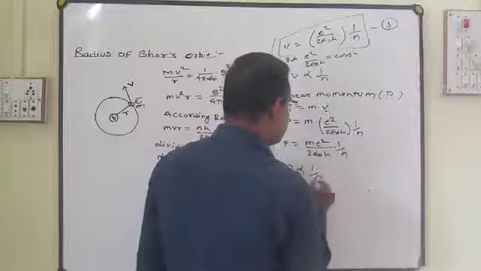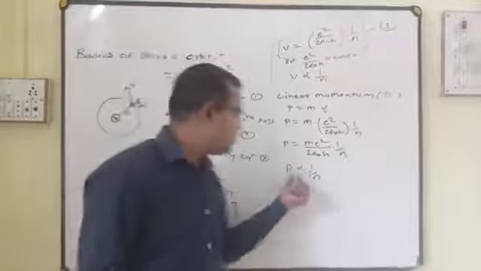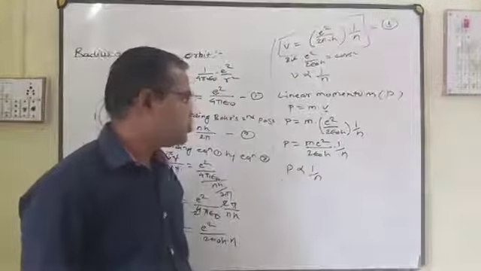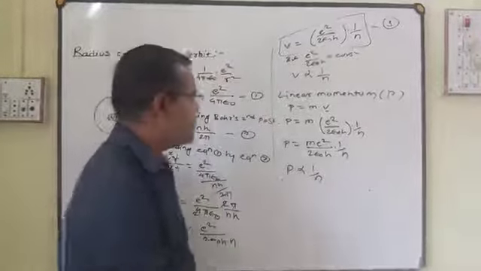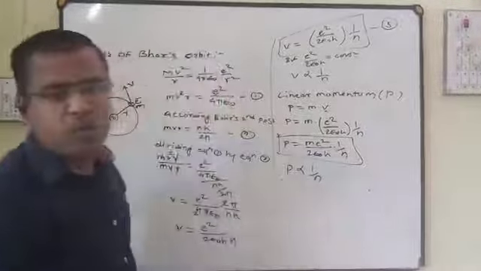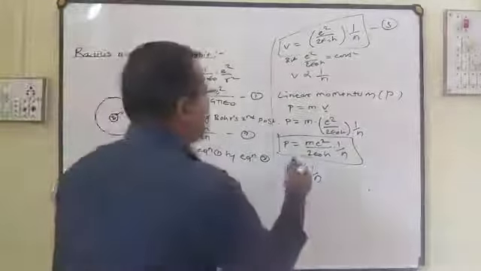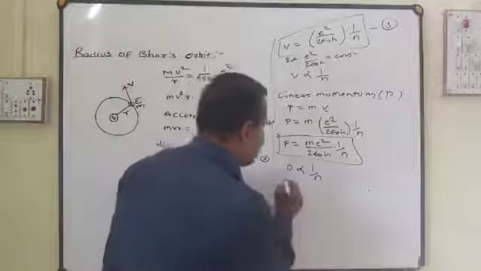Therefore, p is inversely proportional to n, the principal quantum number. So the linear momentum of the electron is inversely proportional to the principal quantum number. This is the formula for the linear momentum of the electron. Then we also find out the angular velocity.